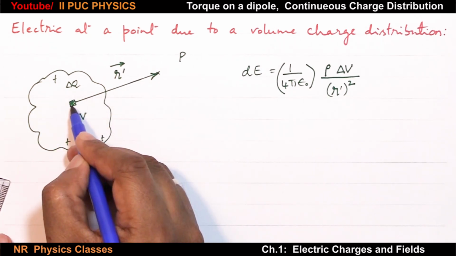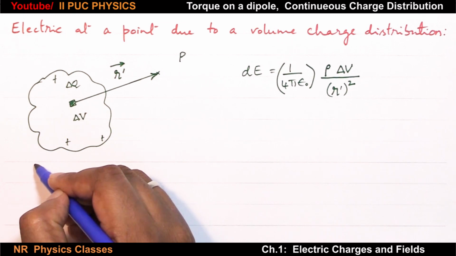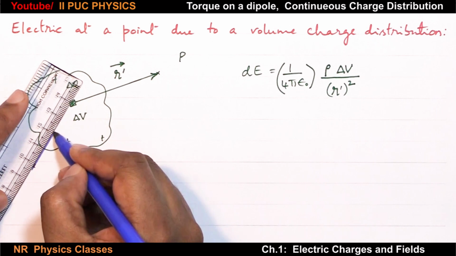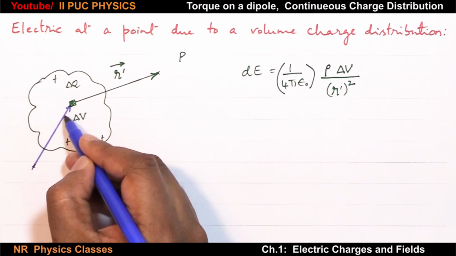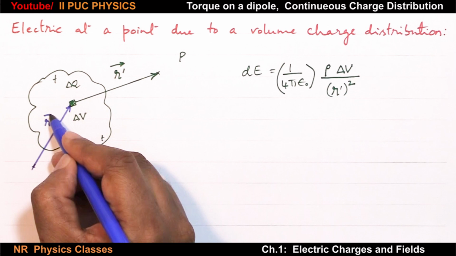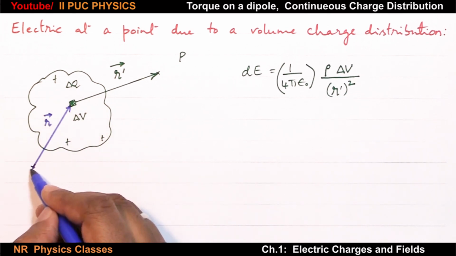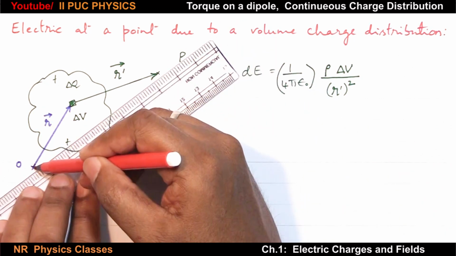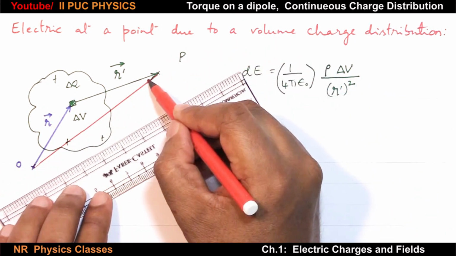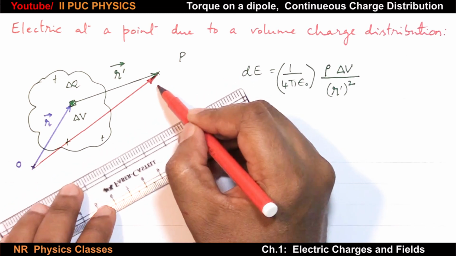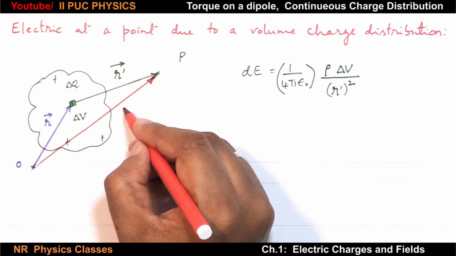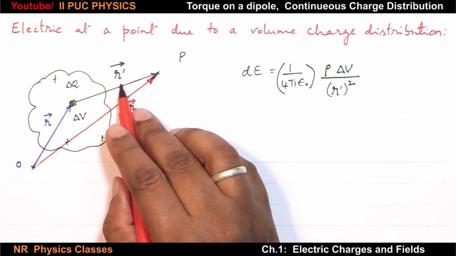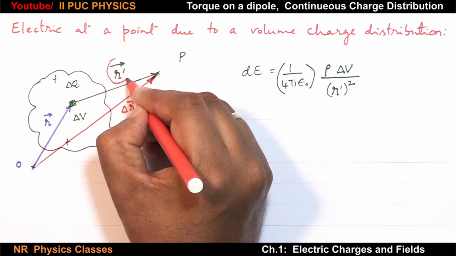What is the position of this with respect to some origin? From this origin to this charge element, this is R. From the origin to point P, again by the triangle law, the closing side of the triangle, this is delta R. For us, this R dash matters.